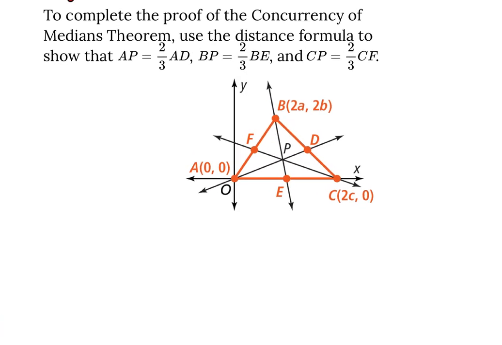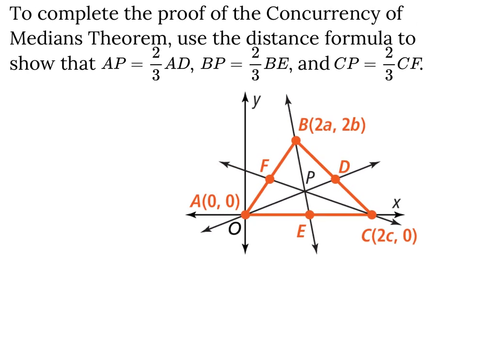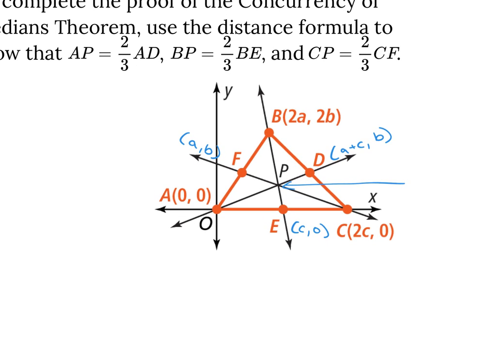All right, so in the example, we were able to find the points for these medians. So F is A, B, D is A plus C, and then B, and then E is C and 0. Okay, and then we also found this point P. Okay, so we've got all of those labeled.